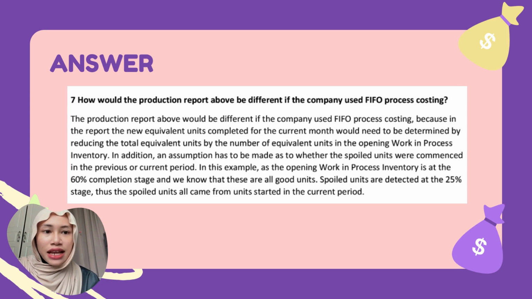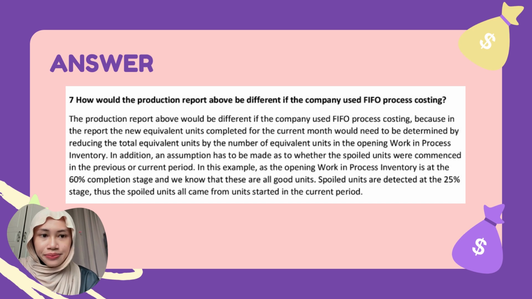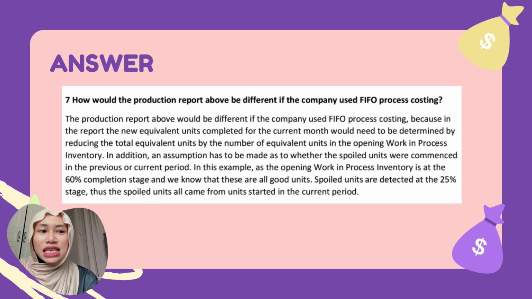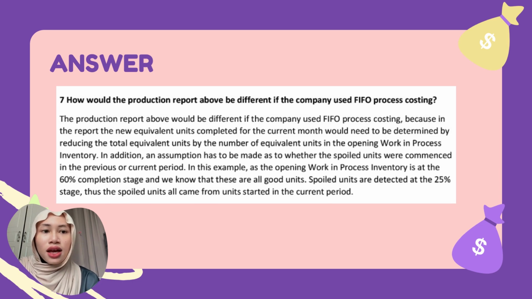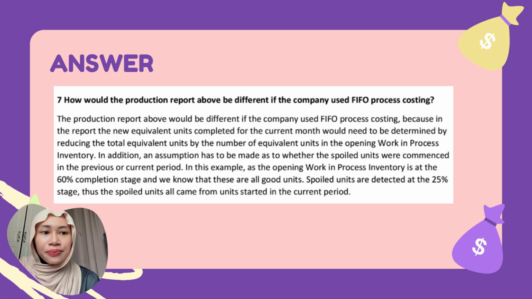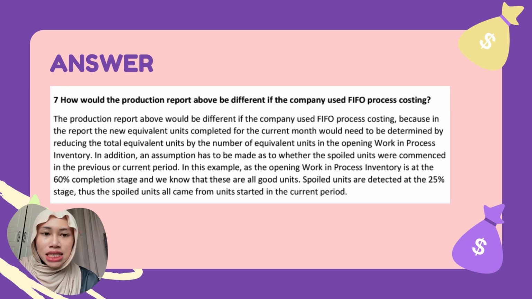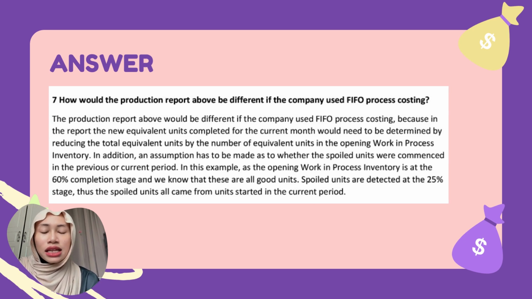In addition, an assumption has to be made as to whether the spoiled units were commenced in the previous or current period. In this example, as the opening work in process inventory is at the 60% completion stage, and we know that these are all good units, and spoiled units are detected at the 25% stage, thus, the spoiled units all came from units that started in the current period.